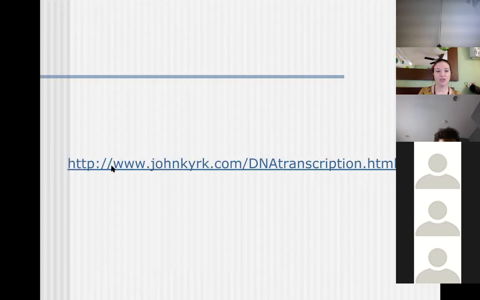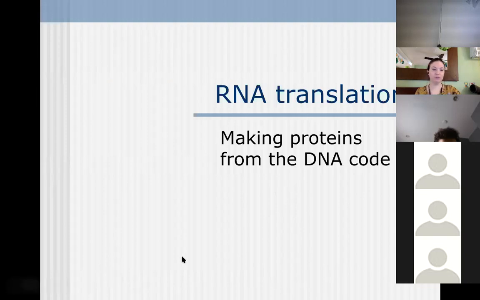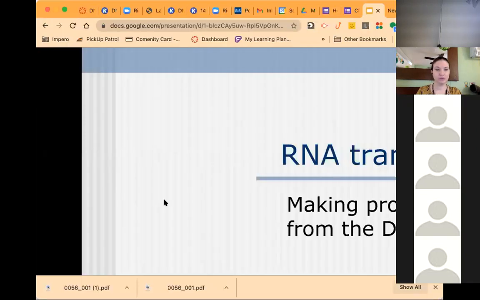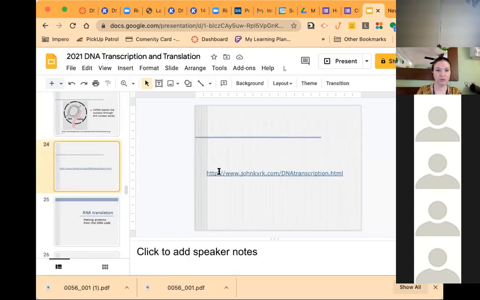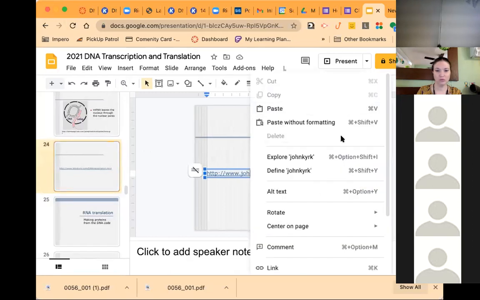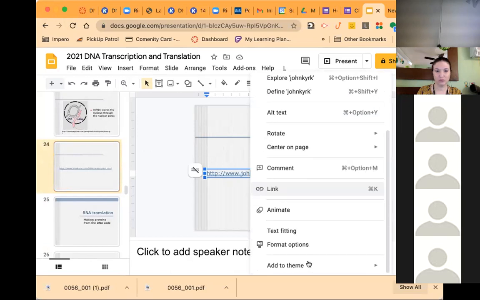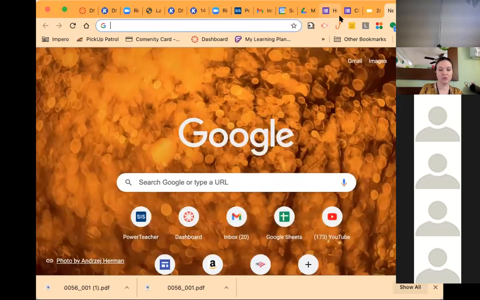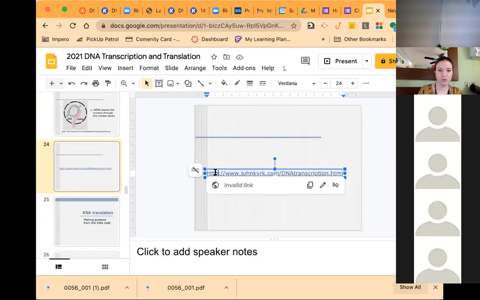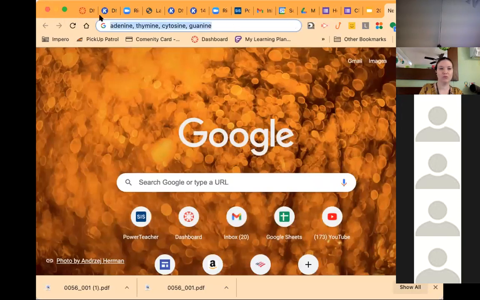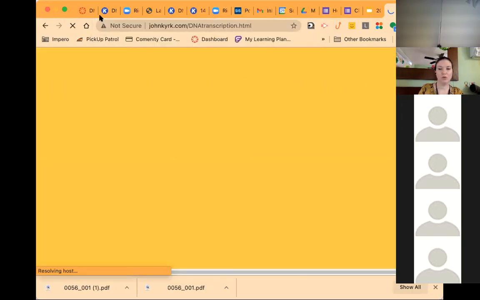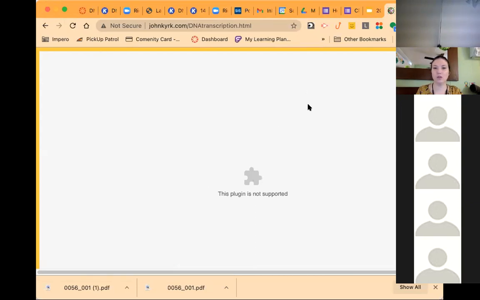All right, I think this uses Flash, but we're going to try it anyway. Hold on. Nope. Oh, nope, it doesn't. Okay. Oh, yes, it is. That's what I thought.